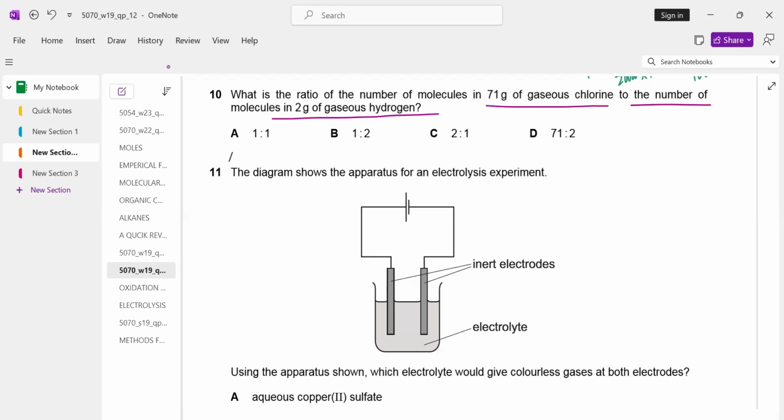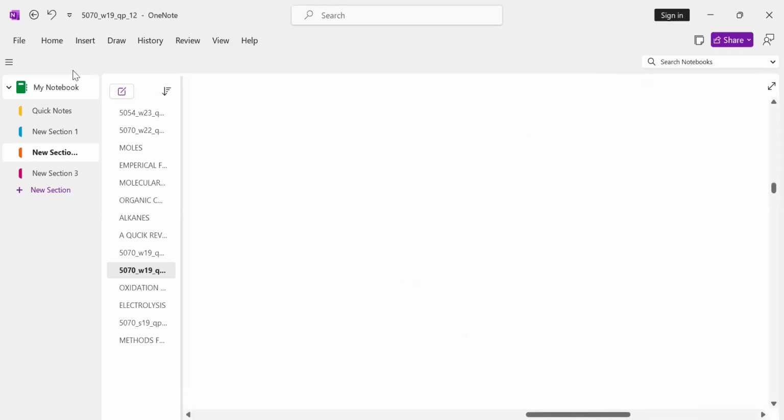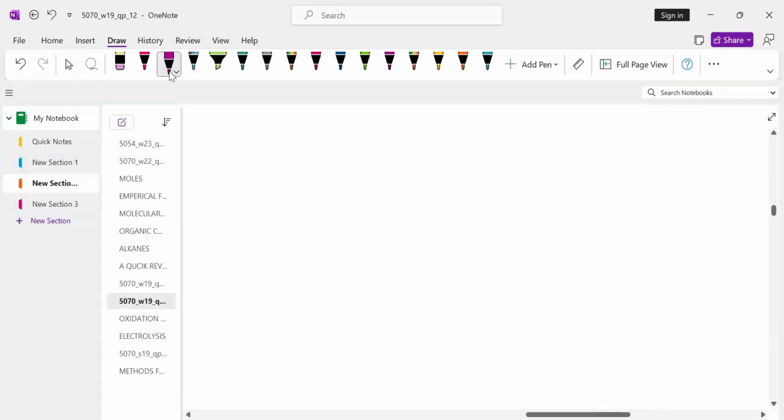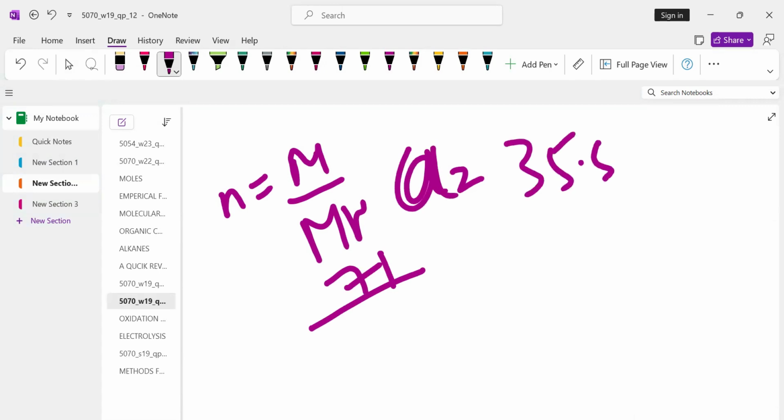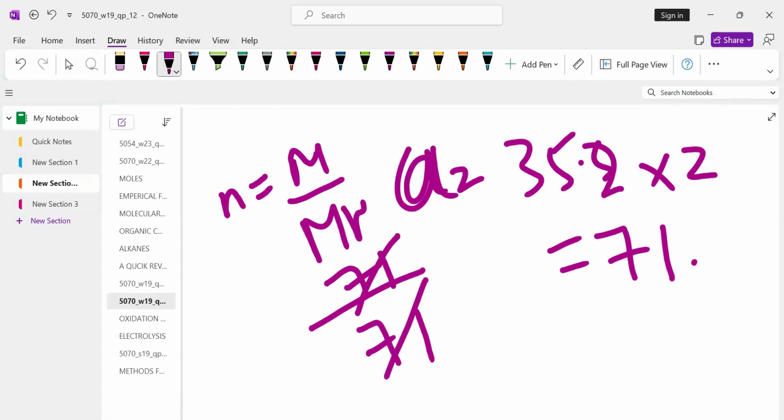To find the moles, you will use the formula moles equals mass divided by Mr. For chlorine, the mass is given as 71 and the Mr of chlorine is Cl2, so 35.5 into 2 gives 71. So 71 divided by 71 gives 1 mole.